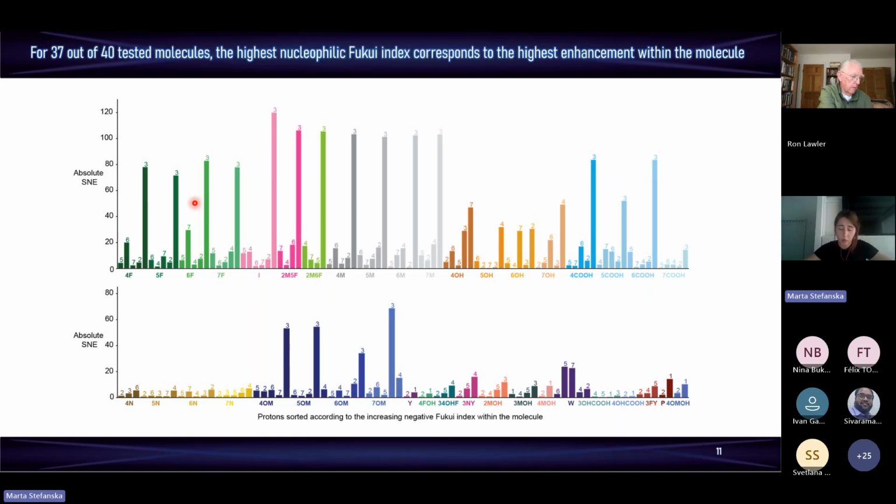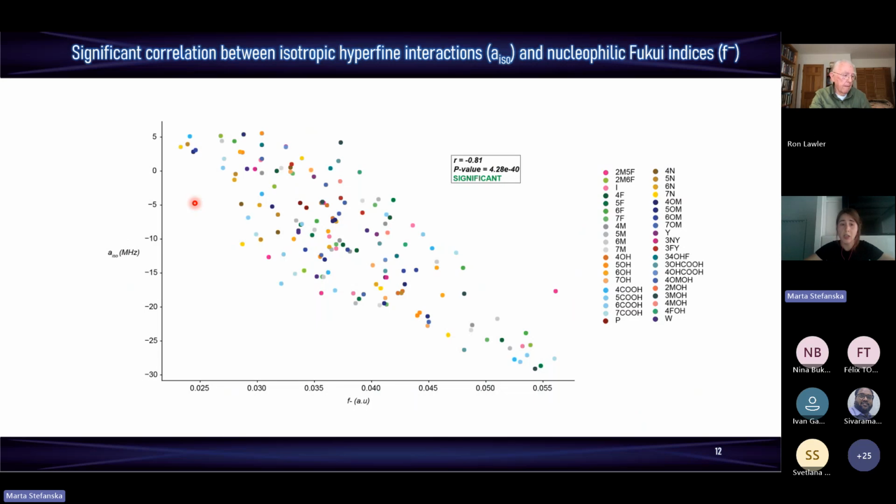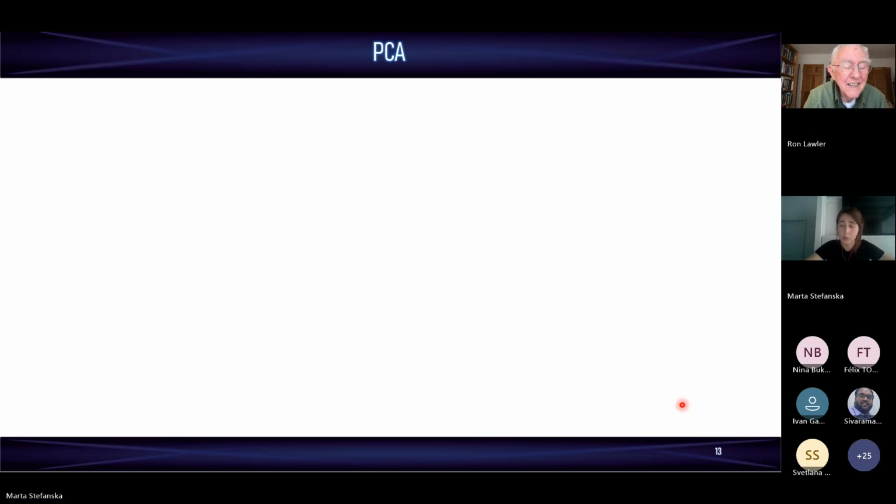And the reason for this is that Fukui index comprises information about electron density change, about the electron donation, about the radical localization. And this is very important for hyperfine interactions because if the radical is closer to the nucleus, then we have stronger hyperfine interaction, which is shown here by this linear correlation between hyperfine interaction and nucleophilic Fukui index, which is quite a significant linear correlation.